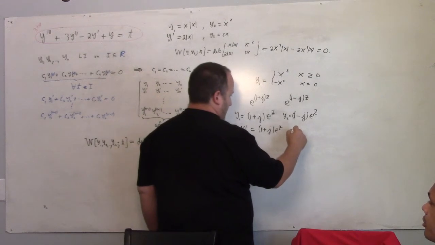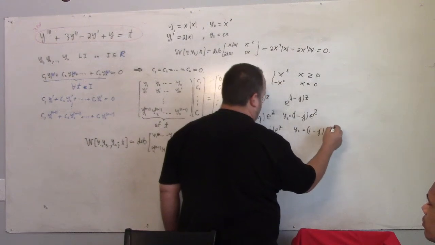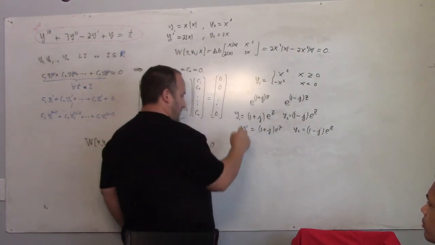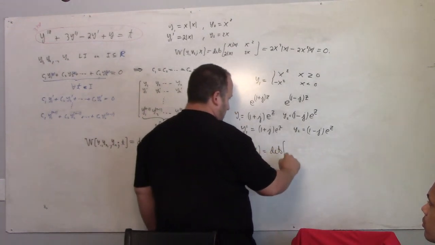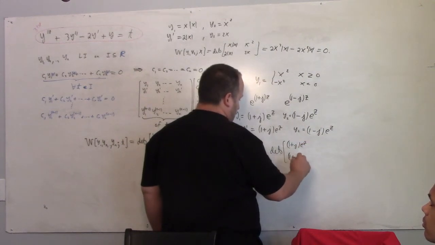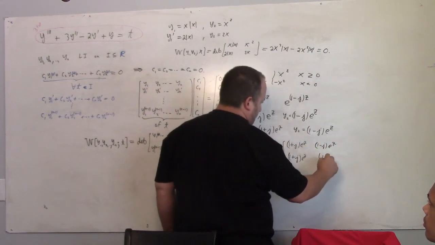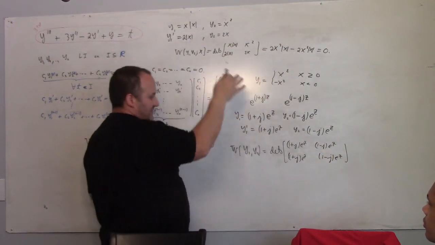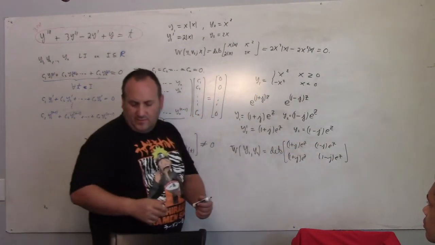Maybe that's why I wanted to put the j up there. I'm not sure this is the example I want, I'm just trying something. Yeah, that's just 0, because this times that is 0, and this times that is 0. This is not the example I'm looking for.